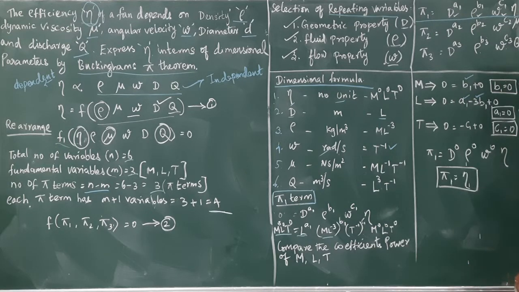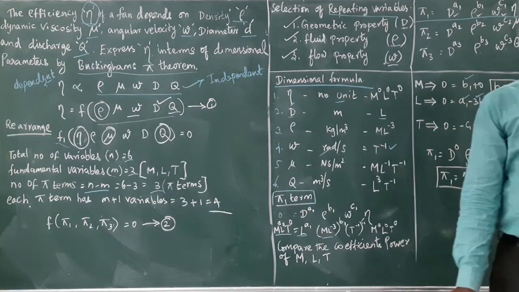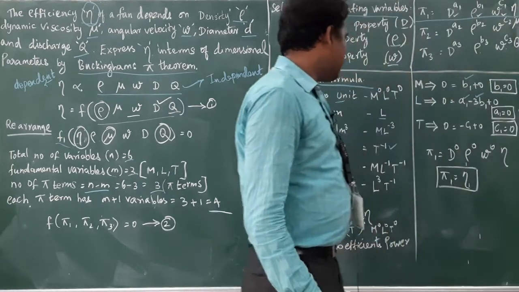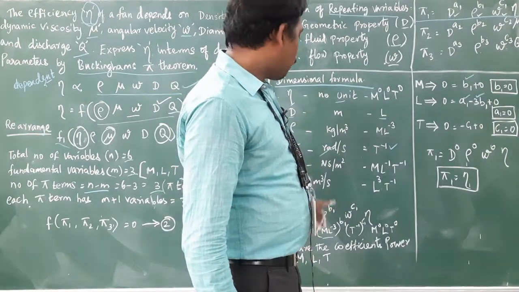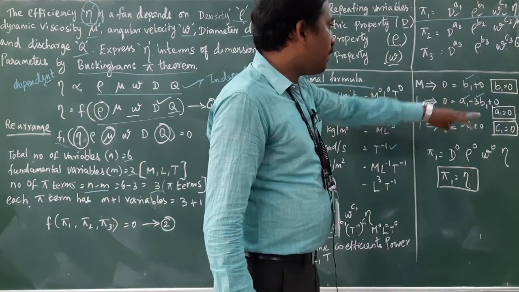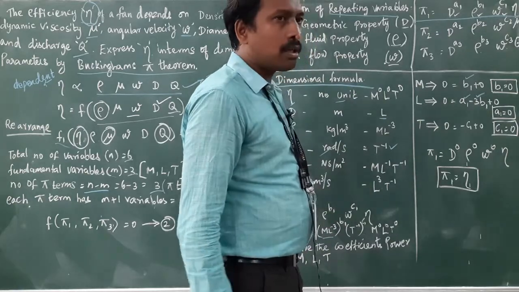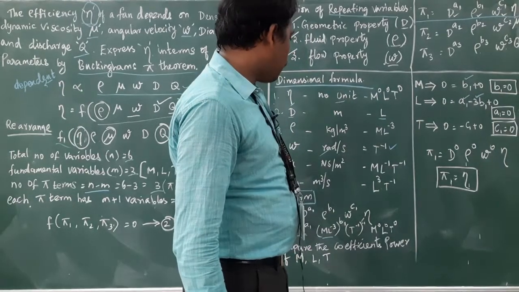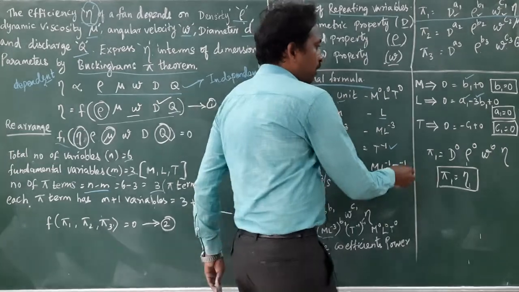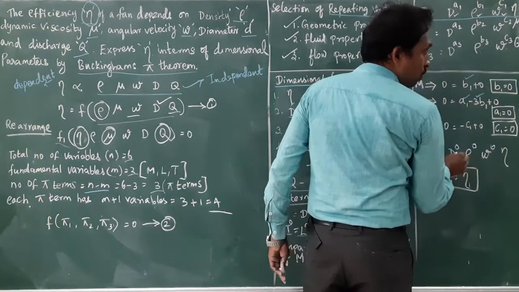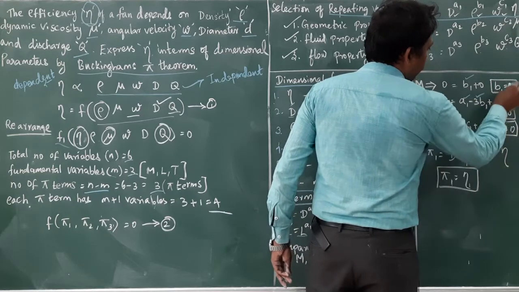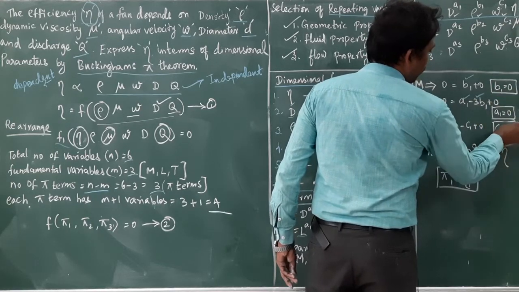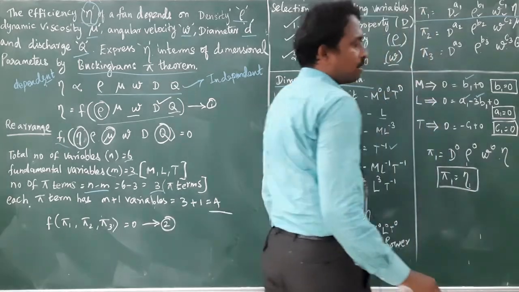So, putting the values for a1, b1, c1 in the pi 1 term, which is 0 equal to d power a1 is 0, rho power b1 is 0 and omega power c1 is 0 into eta.